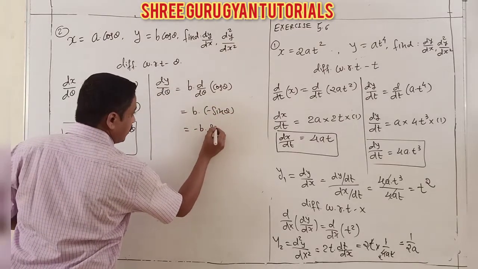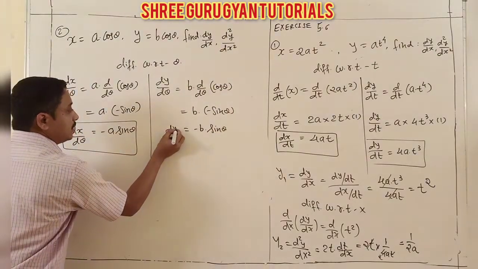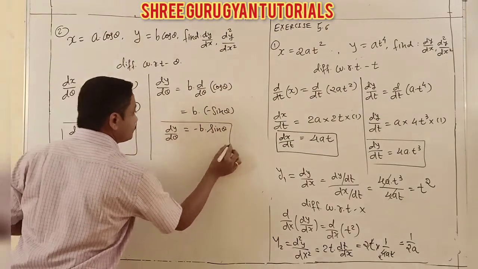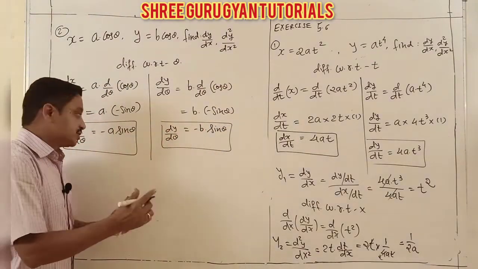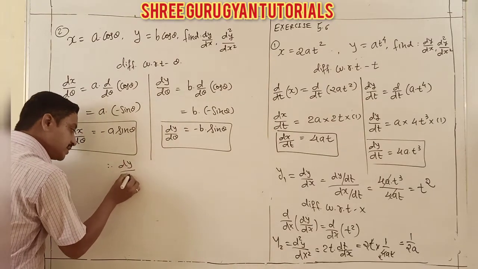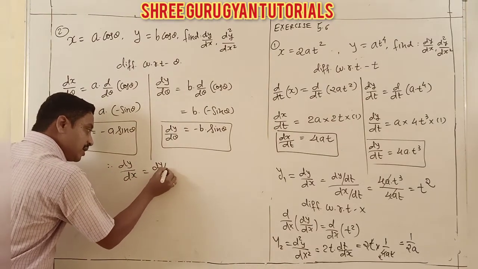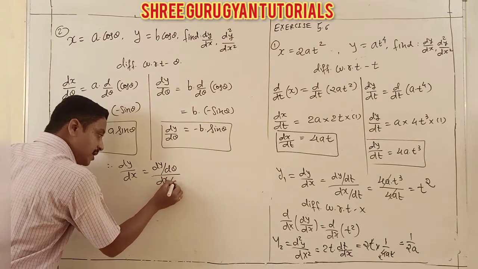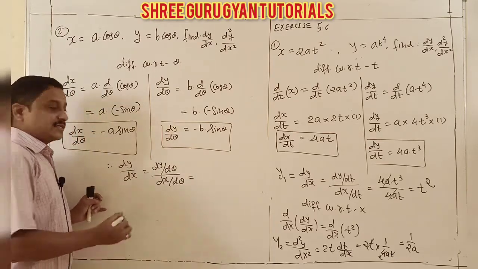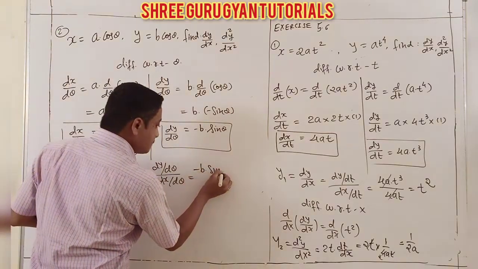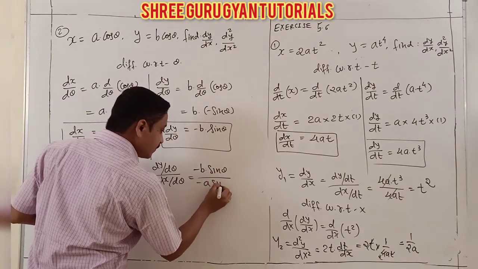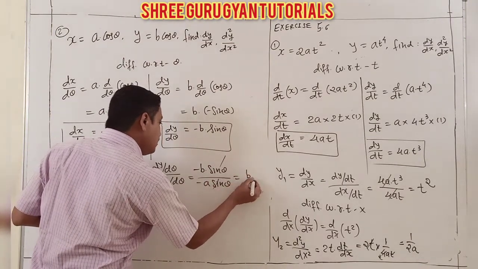So you get minus b sin theta. dy by d theta is this. Now both merge, and dy by dx is dy by d theta upon dx by d theta. Apply the values. You get just b by a, only cancel d theta.